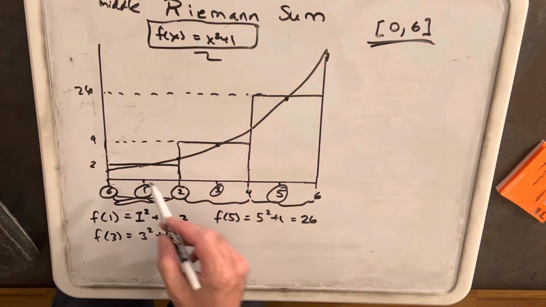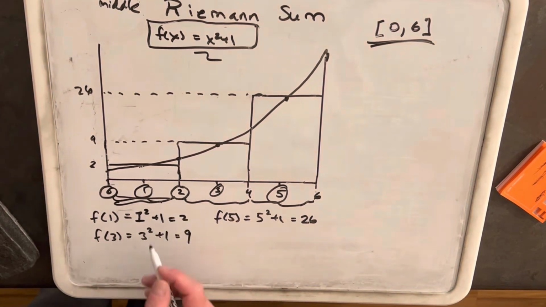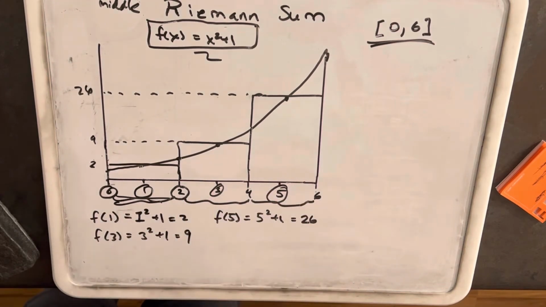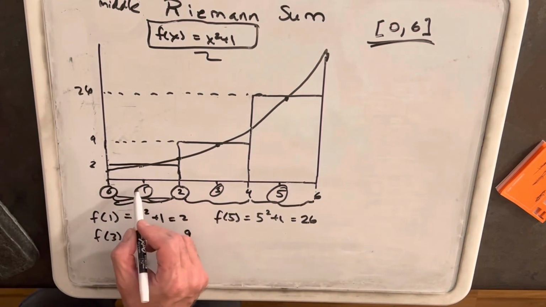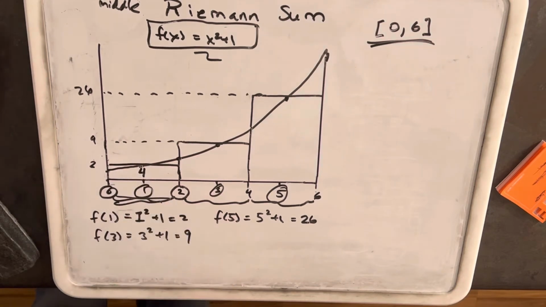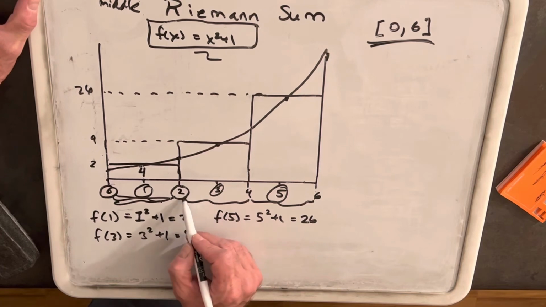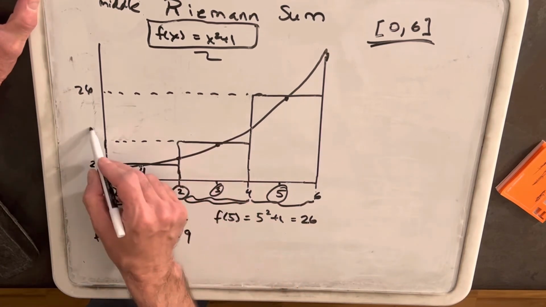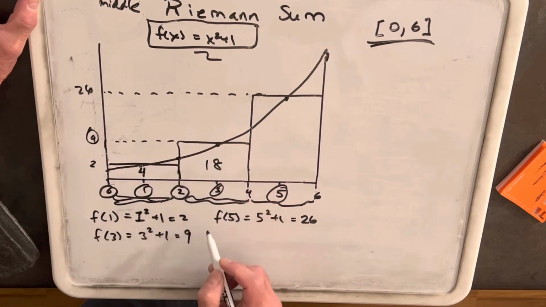Then calculating the area of these rectangles is just going to be height times width. The width of each of them is 2, right? We did it with a standard width. So width 2 times height 2, this area is going to be 4. For the second rectangle, width of 2, height of 9 is going to be 18.